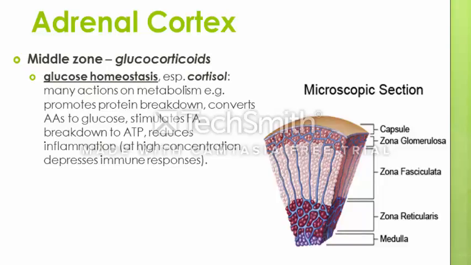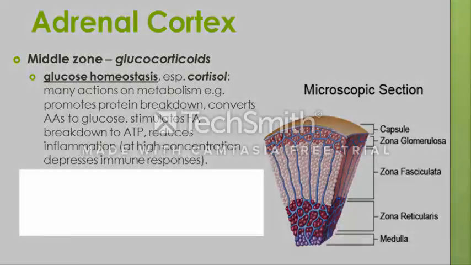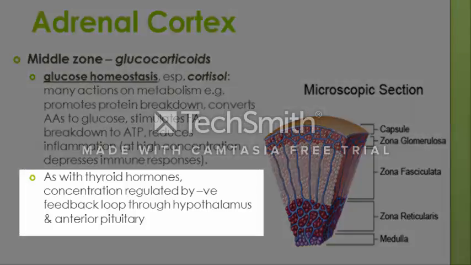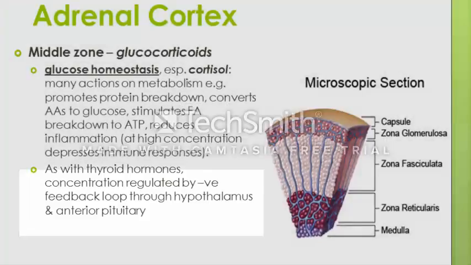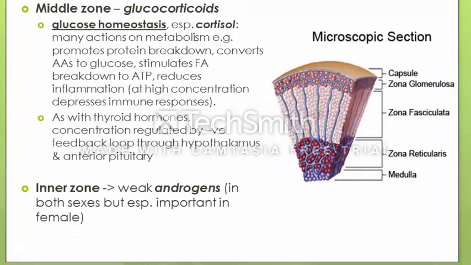Cortisol promotes protein breakdown, converts amino acids to glucose, stimulates fatty acid breakdown to ATP, and reduces inflammation levels. At high concentration, it will depress the immune response. As with thyroid hormones, its concentration is regulated by a simple negative feedback loop through the hypothalamus and the anterior pituitary gland. The inner zone produces weak androgens in both sexes, but this is especially important in females.